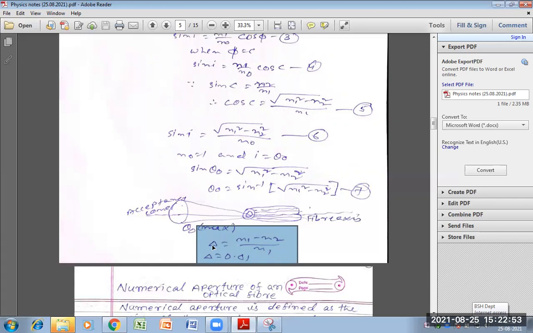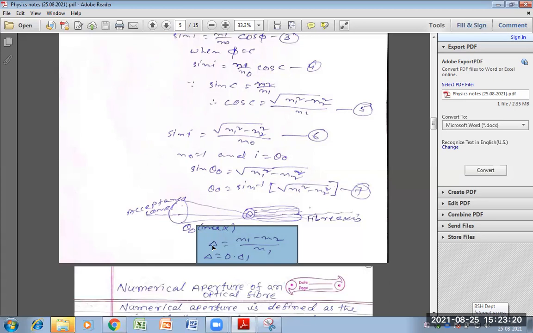So we know that the refractive index of the core is denoted by N1 and the refractive index of the cladding is denoted by N2. So their difference can be written as N1 minus N2.